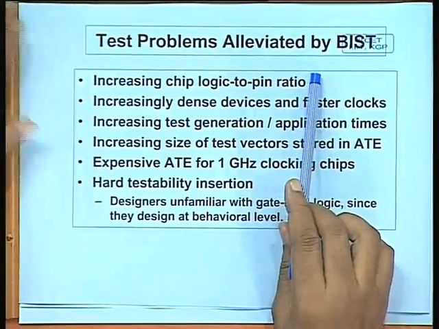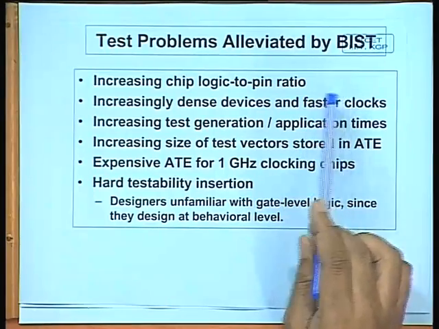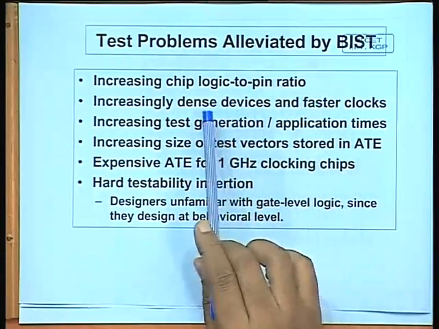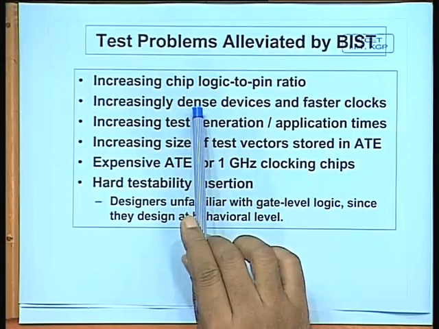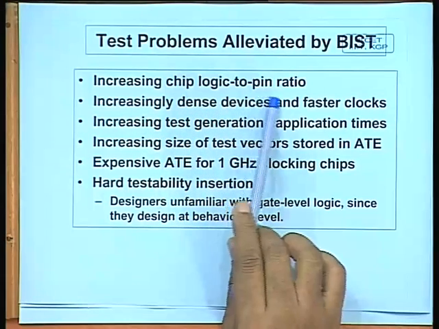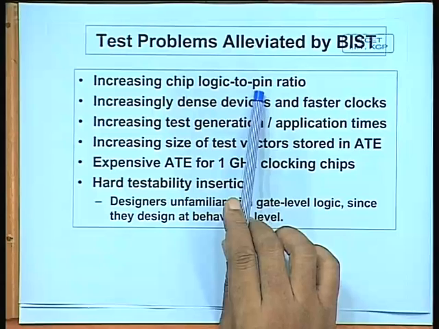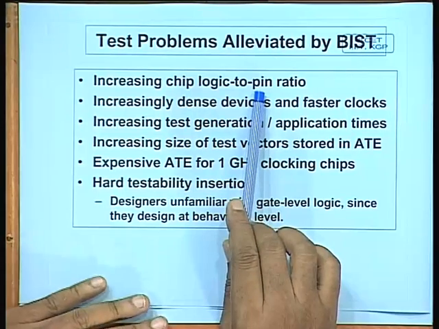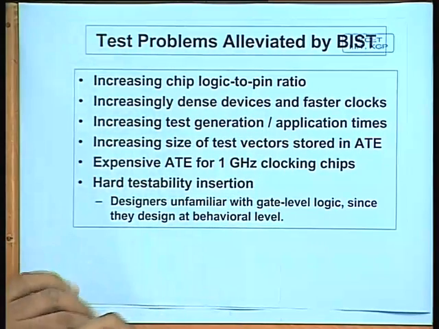The major test problems that are alleviated by BIST are as follows. You know that the number of components in a chip is increasing day by day, but the number of pins of the chip is not increasing in the same proportion.